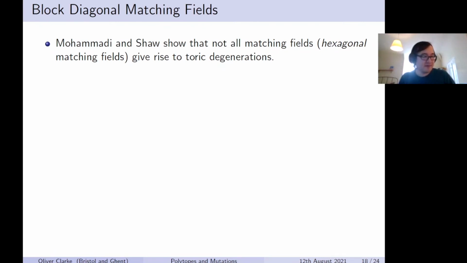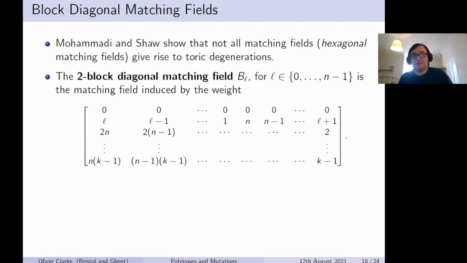For Grassmannian 2,n, all matching fields give rise to toric degenerations. The first place it might go wrong is for Grassmannian 3,6, and Mohammadi and Shaw showed that such matching fields exist. Some examples of these are the hexagonal matching fields. And they defined a nice family of matching fields that give rise to toric degenerations for Grassmannian 3,6.